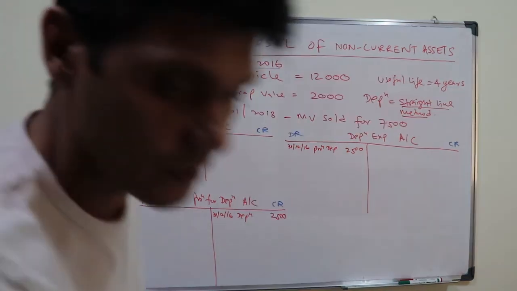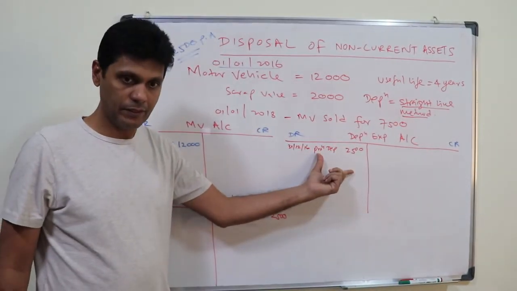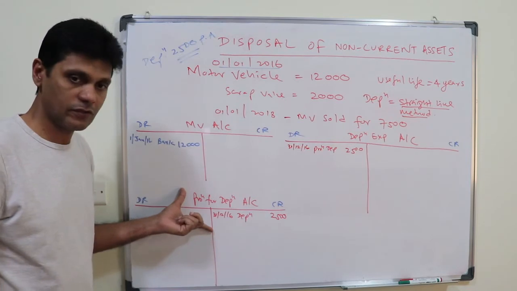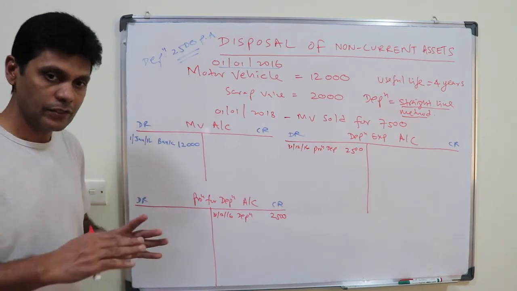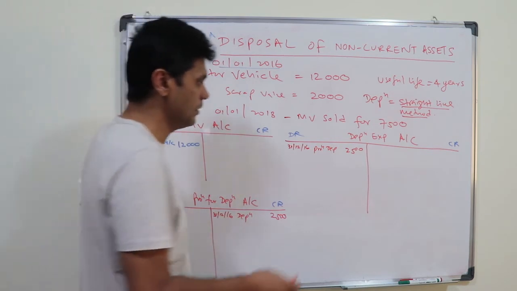What is this entry? Remember, okay. So depreciation expense account debit, and credit the provision for depreciation account. Okay. So 31st December you need to close the books. So how you will close it?